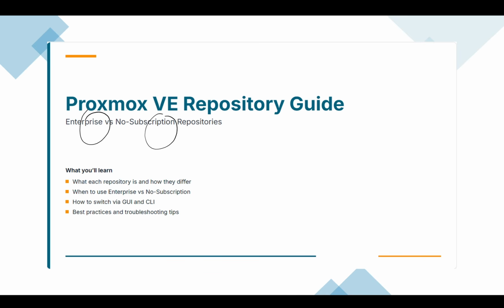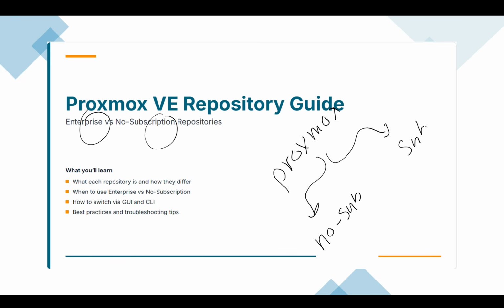What are the types of Proxmox repositories? In Proxmox, we have two main repositories. One is the no-subscription repository, and one is the subscription repository. What is the subscription repository? This is the enterprise repository.